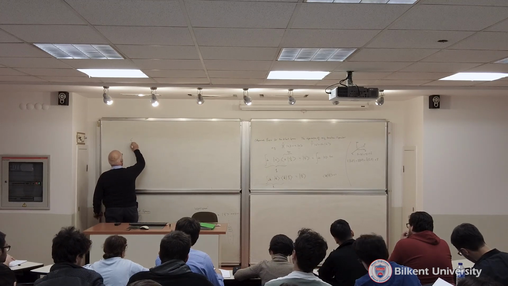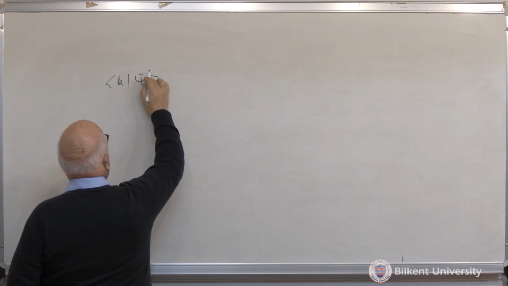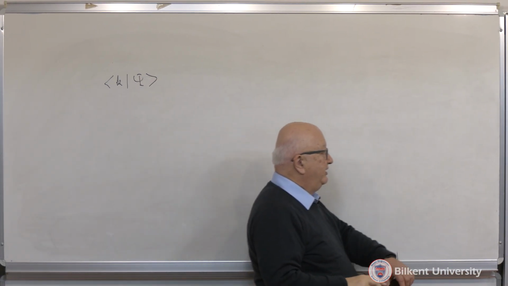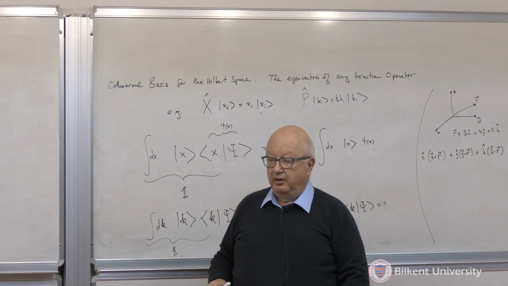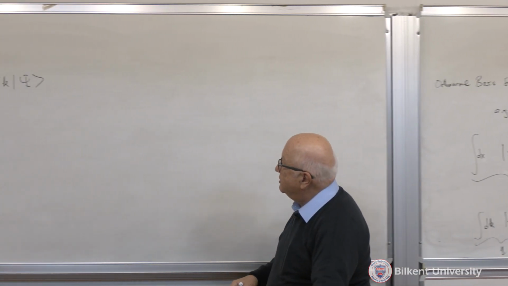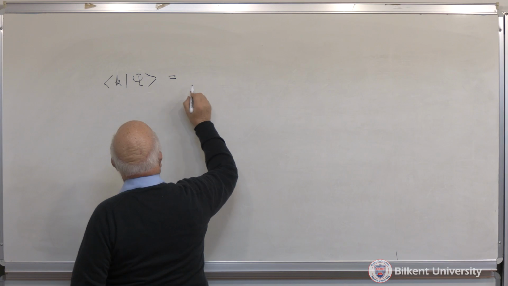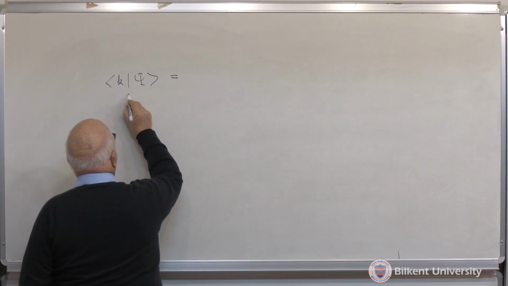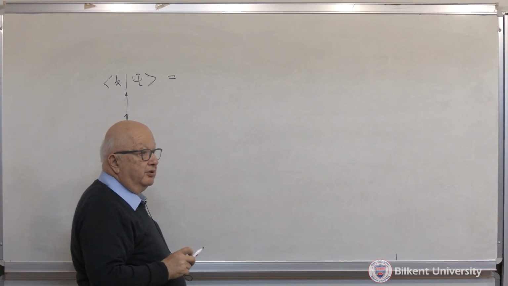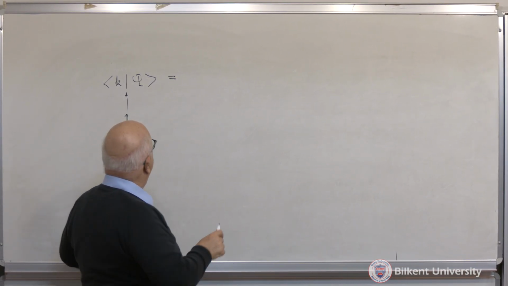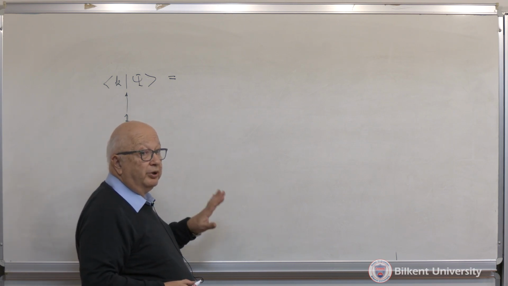I just identified this x psi as psi of x. Let me insert an identity operator in between the k and the psi vectors. We are going to do this a lot.